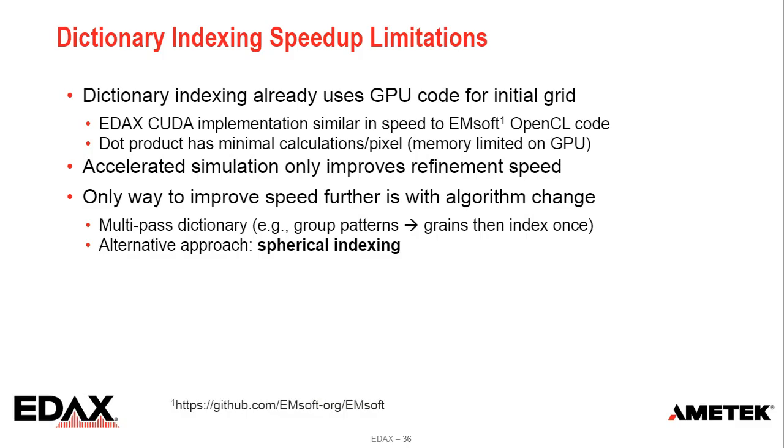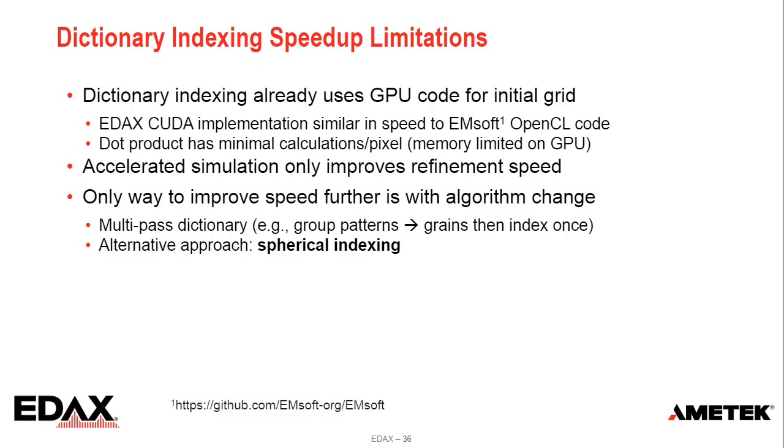So you can achieve a lot with faster pattern generation, but there are some challenges that you just can't brute force with faster speed. That's because the existing dictionary implementation that EMSoft has, which is, again, what's currently exposed by Matrix, is already using GPU code for the initial indexing step.